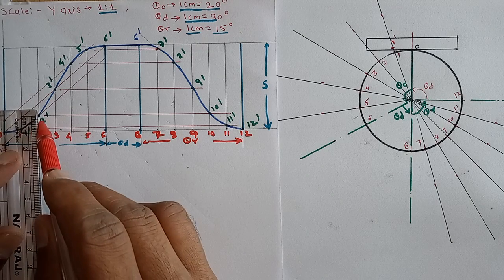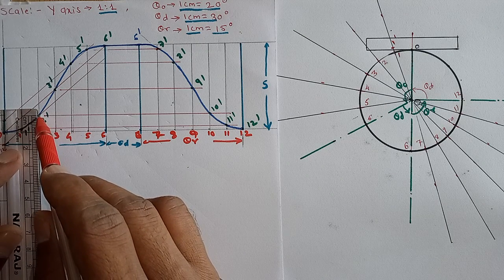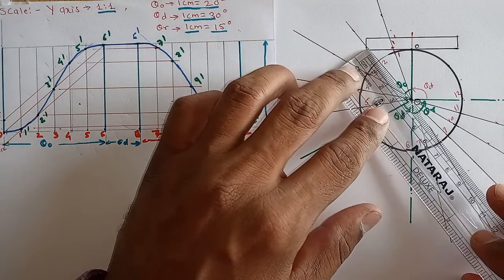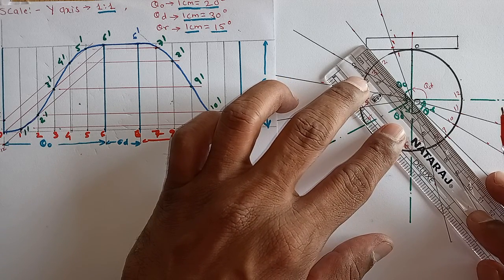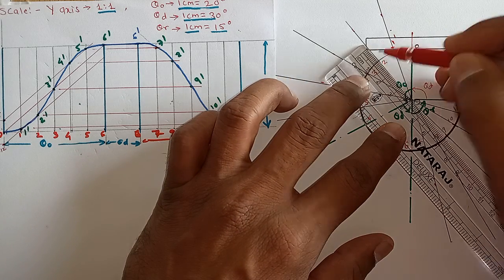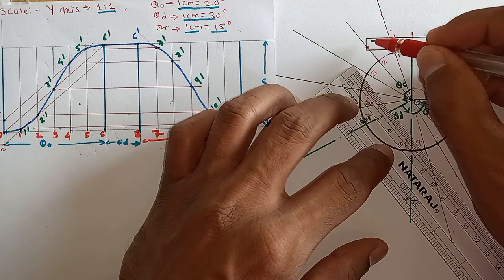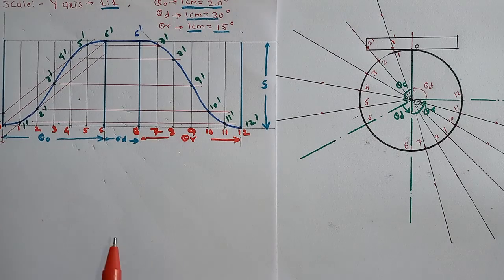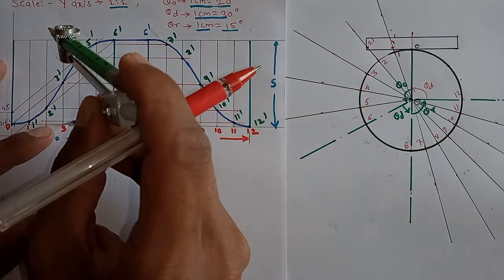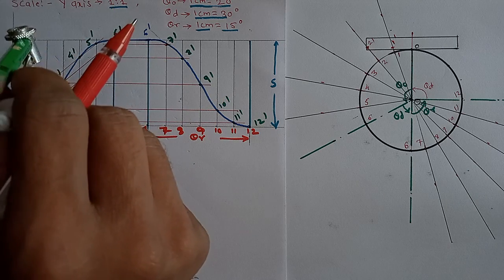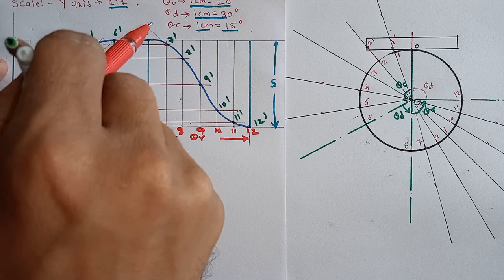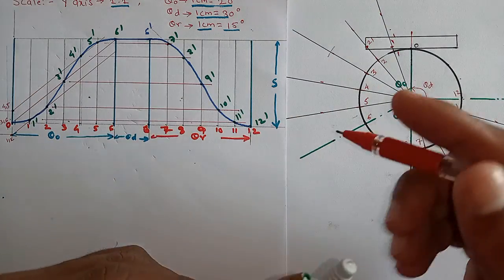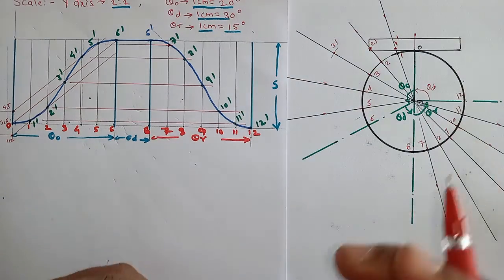Next, at instance number 2 the displacement is 10 millimeters. So this is 2 to 2 dash. At instance number 3 we will take the corresponding displacement and plot at instance number 3. So this is 3 dash.